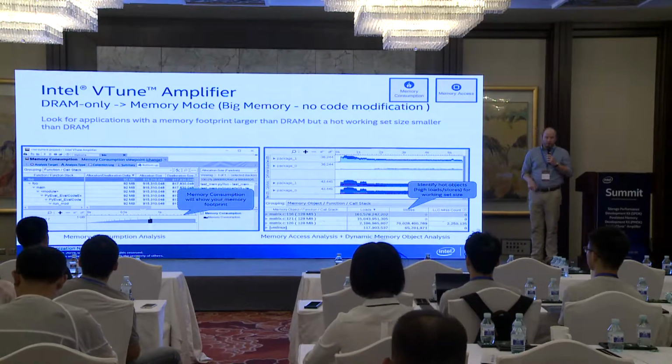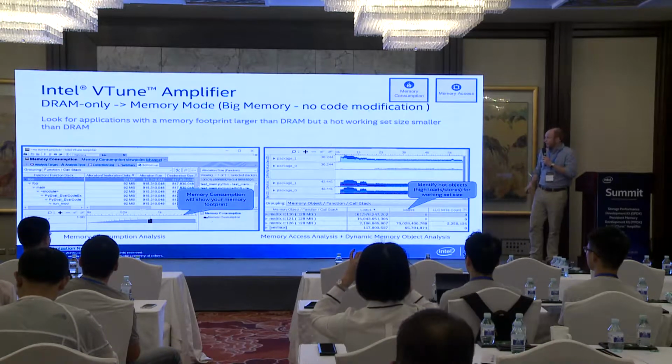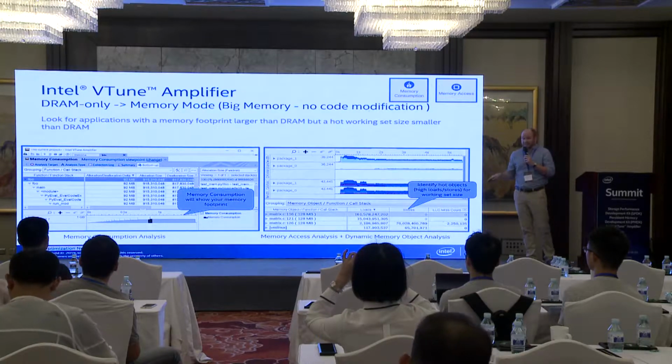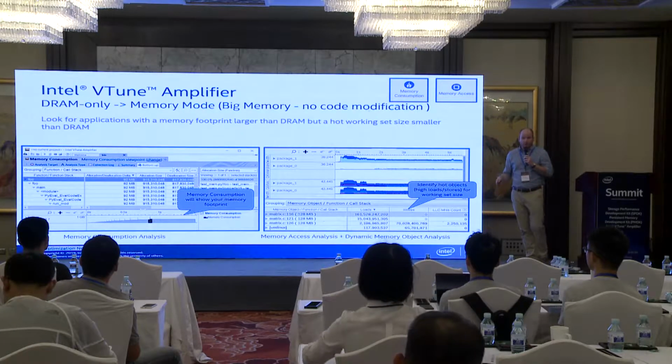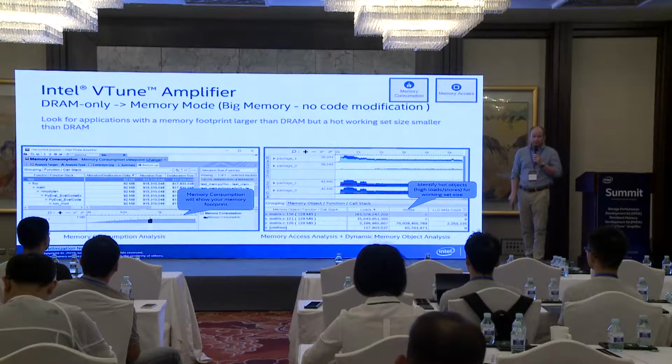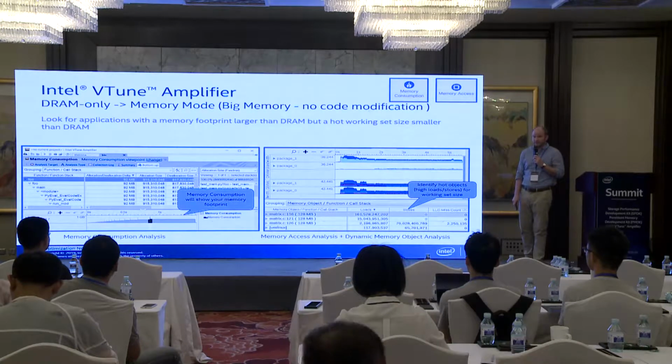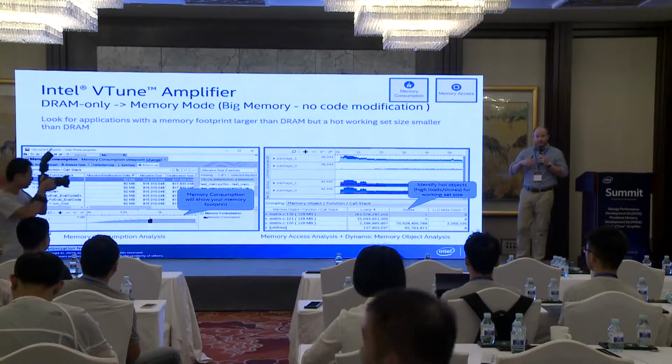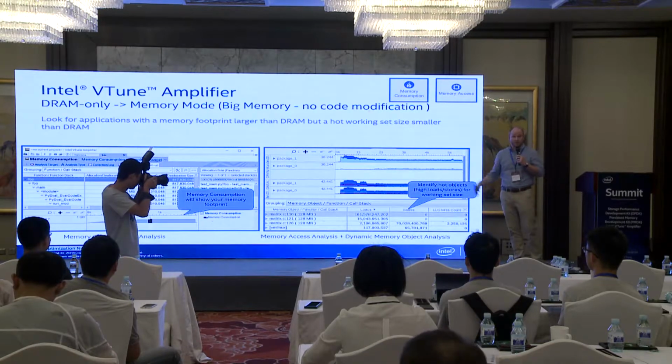The first mode I'll talk about is memory mode. Memory mode is the mode that's easiest to use. In memory mode, all you do is plug in these new DC persistent memory DIMMs into your platform, and all of a sudden, your machine looks like it has tons of memory, right?